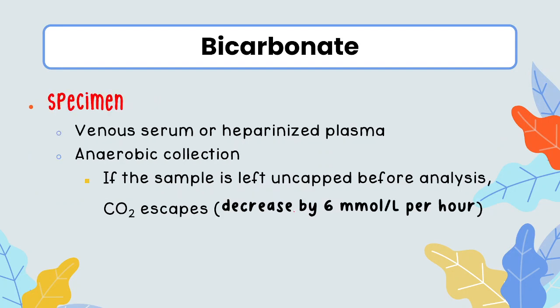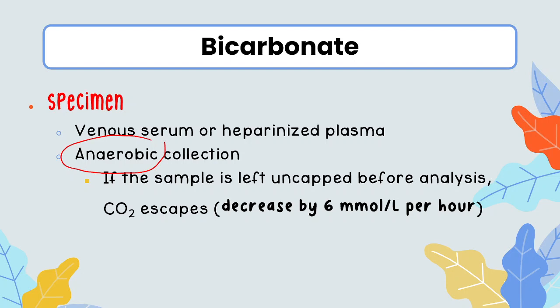So specimen to use for bicarbonate, it should be a venous serum or heparinized plasma. And kids, take note, anaerobic. Siyempre anaerobic because we are talking about carbon dioxide here.